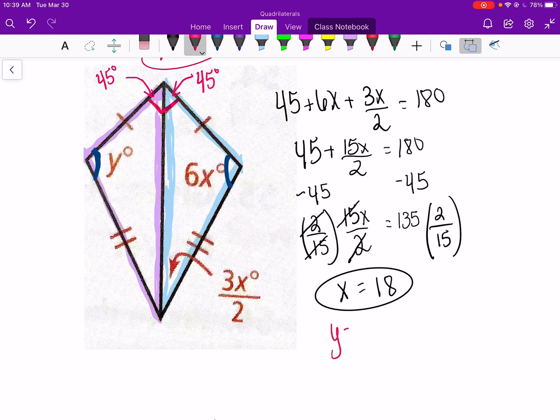So y is equal to 6x, or 6 times 18, and 6 times 18 gives us 108. So x is equal to 18, y is equal to 108.